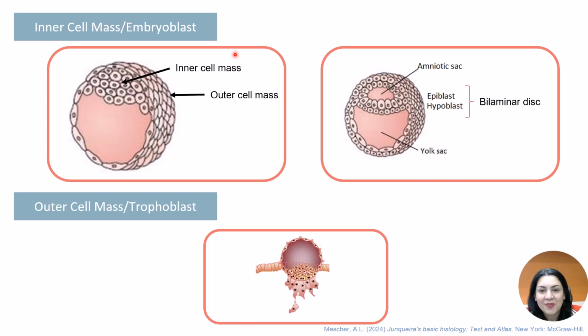And again, for the purposes of today's lecture, we don't get into the nitty-gritty of implantation, but just essentially understanding that it's that outer cell mass that helps to implant the blastocyst within the walls of the uterus, and that the cells that form the trophoblast layer eventually give rise to structures that support the embryo, and this includes, of course, the placenta, which is an organ that allows for nutrient exchange, waste exchange, gaseous exchange between the developing fetus and its mother.